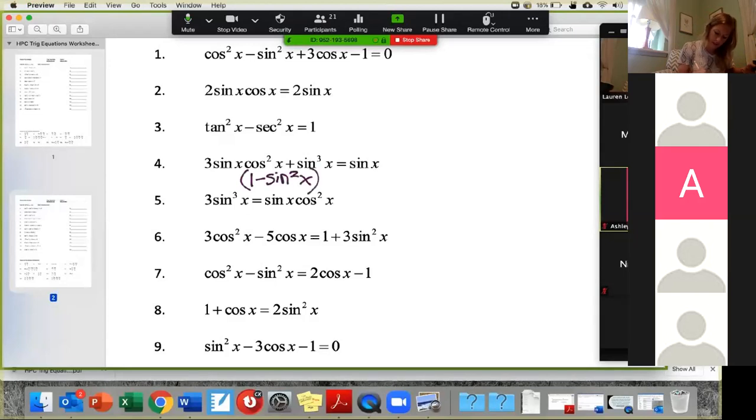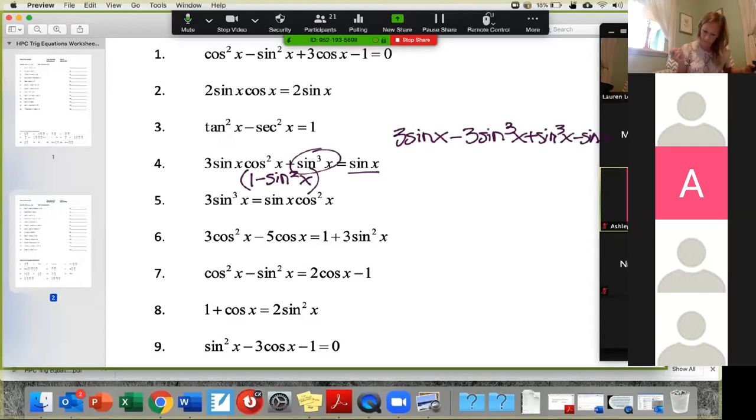So that, if I distributed, would give me 3 sine x minus 3 sine cubed x. Then I still have this plus sine cubed x. And then I would move this sine x to the left by subtracting it. And now it's equal to 0.